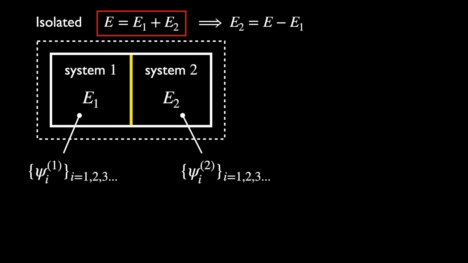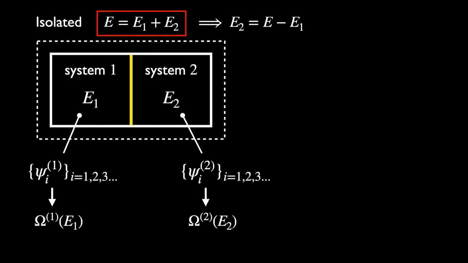We denote the number of microstates of system 1 as omega 1 of E1, and for system 2, omega 2 of E2. We again argue that the most probable macrostate of this joint system must be the one that corresponds to the most combinations of microstates.